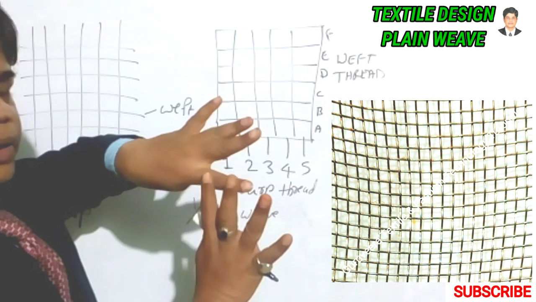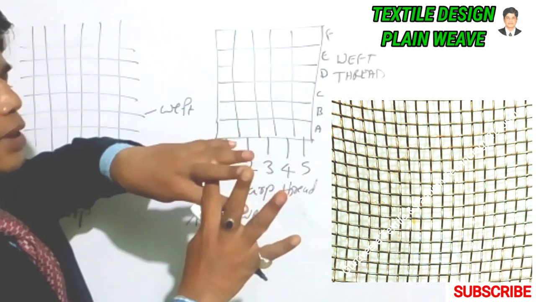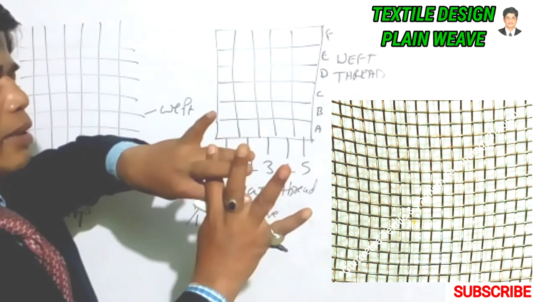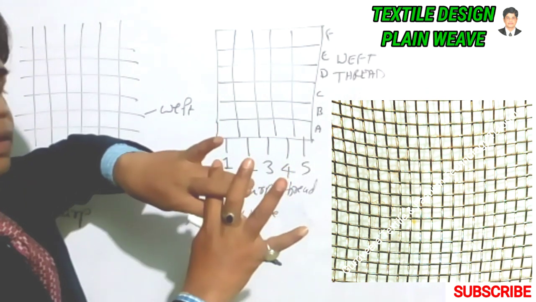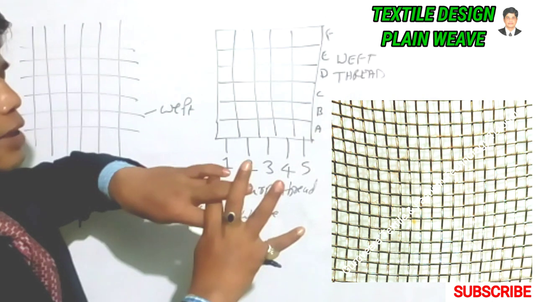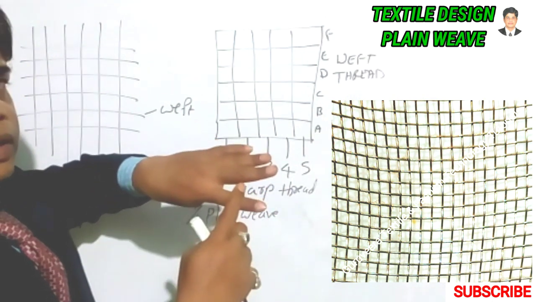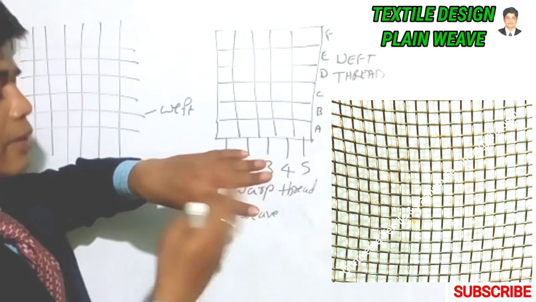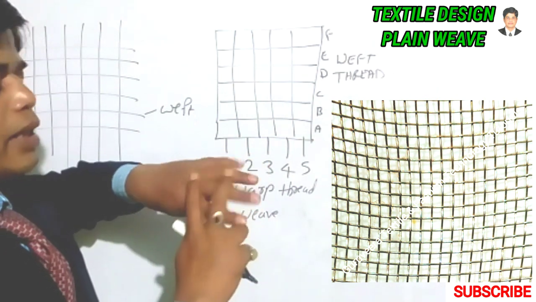One warp thread goes up, then it goes down in the second thread, goes up in the third, and goes down under the horizontal thread. Adjacent to that previous thread, the second thread is going up and down.